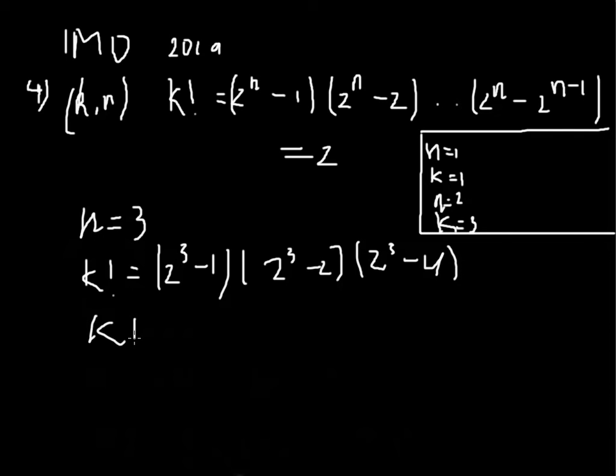So k factorial equals 7 times 6 times 4. This could not be written as a factorial of any number, so k does not exist.